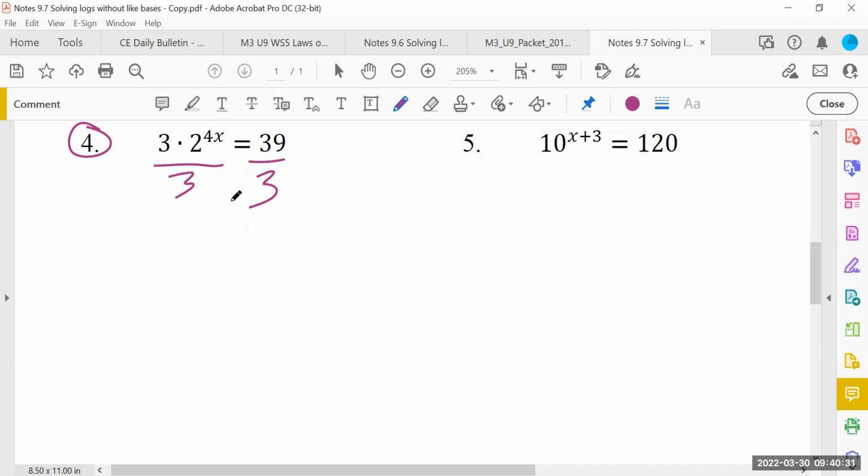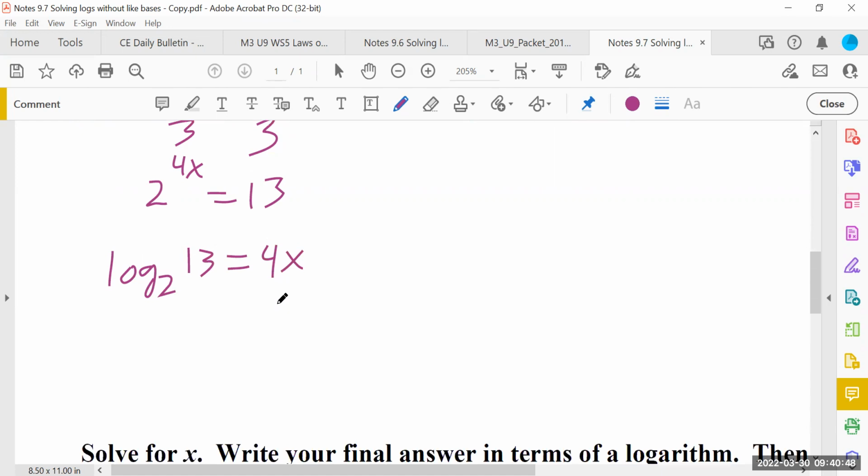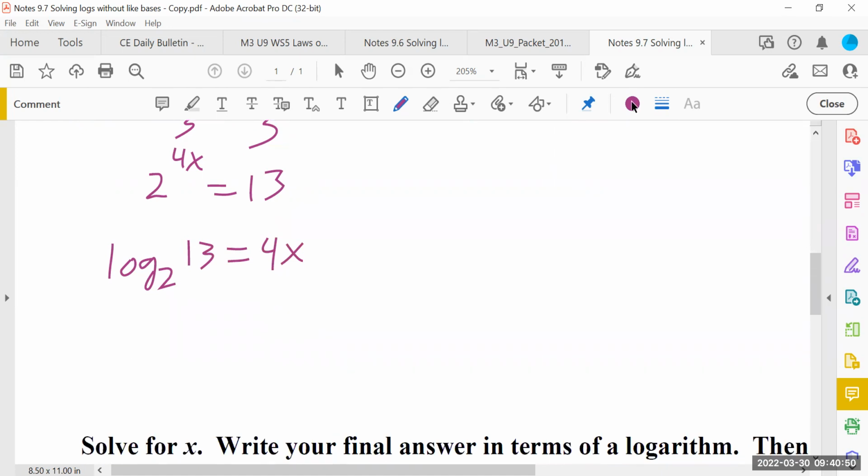So divide both sides by 3, 2 to the 4x equals 13. Now I can switch it to log form. Log base 2 of 13 equals 4x. Divide both sides by 4.